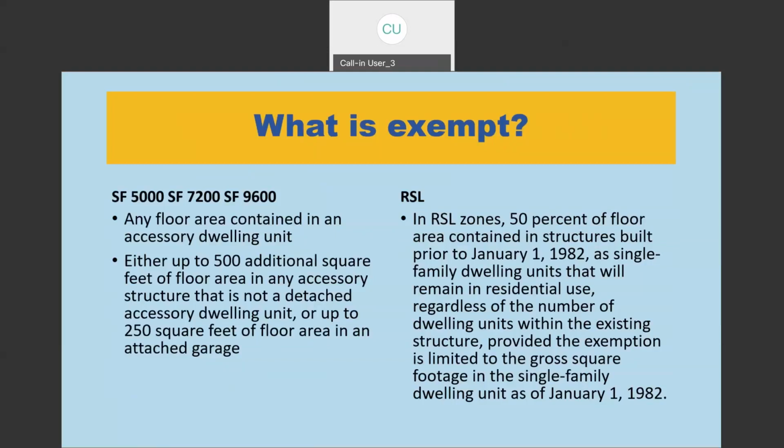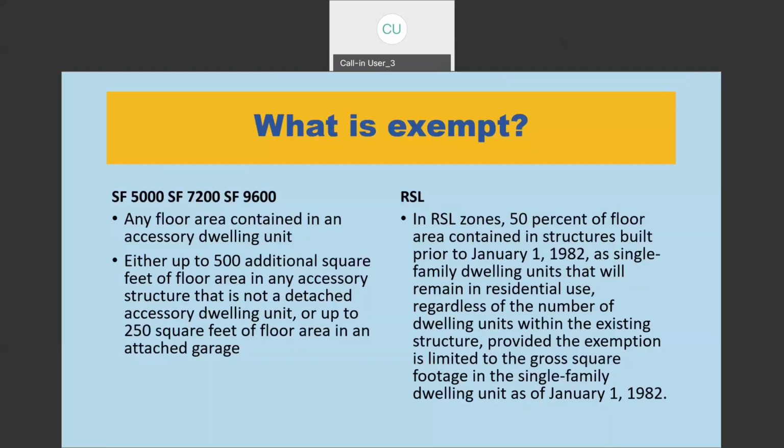And in RSL zones, this can get kind of tricky sometimes when you read it, but 50% of the floor area within existing structures that were built prior to January 1st, 1982, that are single family principal dwelling units that will remain in residential use, 50% of that gross floor area is exempt from the FAR calculation.